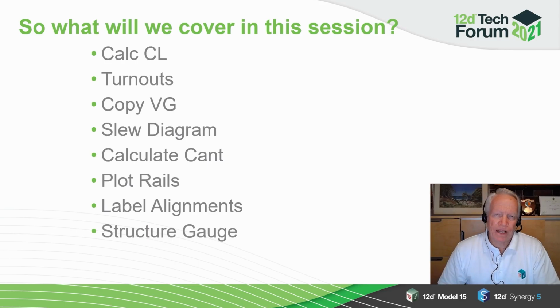Once we've done that, we will then make a structure gauge. So that's where one of the nice little things for the experienced users is going to come in. With the structure gauge, basically we take the envelope of the vehicle, whatever it is, whether it's a passenger wagon or a goods wagon, open top, whatever it might be, and we would then give that envelope an offset, a safety factor, and then create this structure gauge.